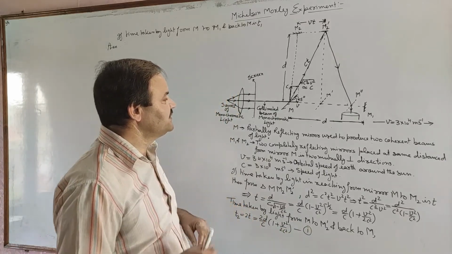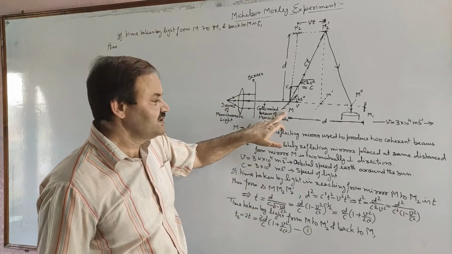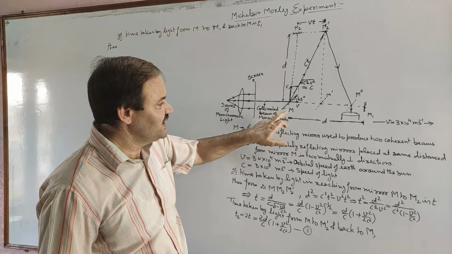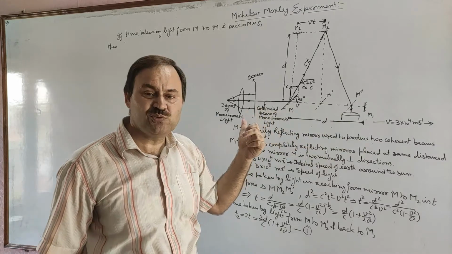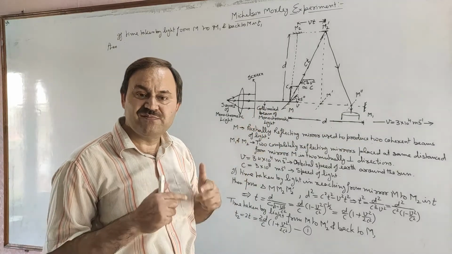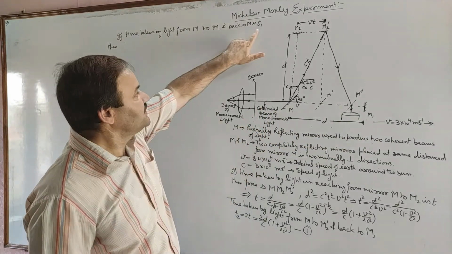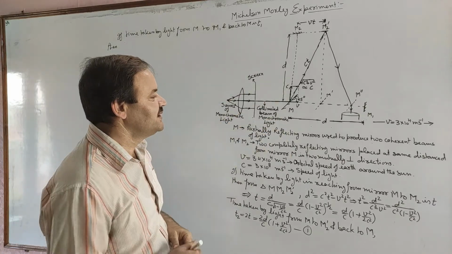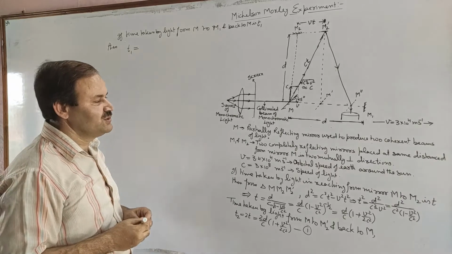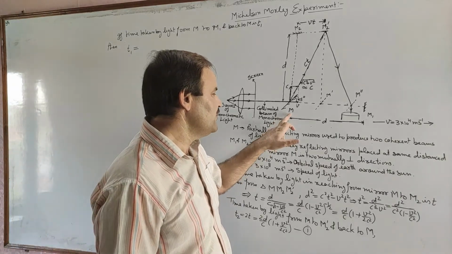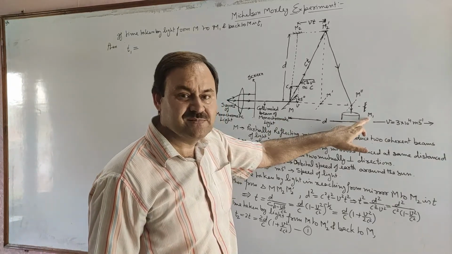Now we will determine the time taken by light in reaching from mirror M to M1 and then back to M. If this time is T1, then T1 will be equal to first time from M to M1.